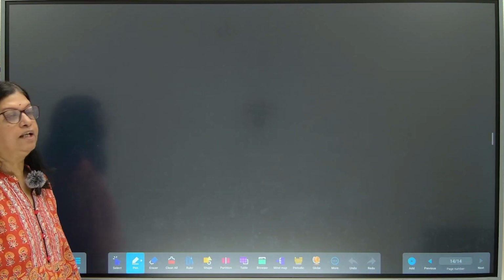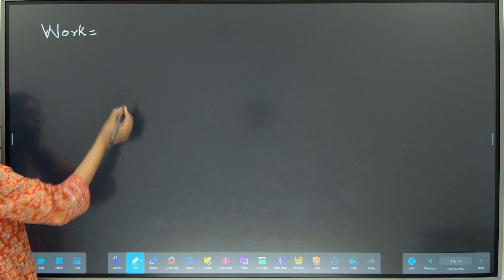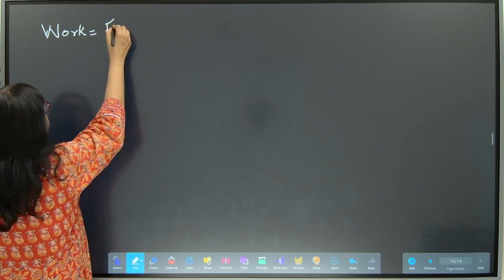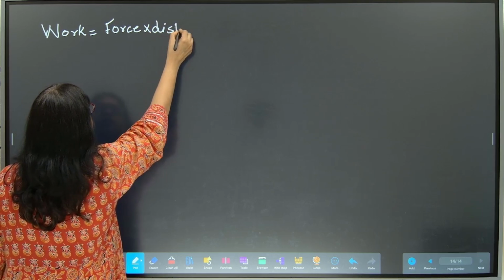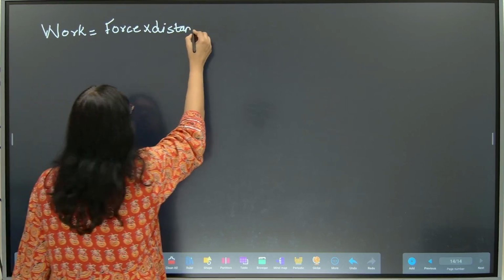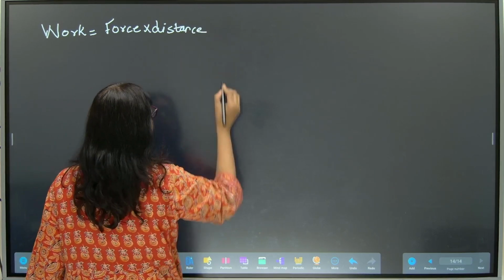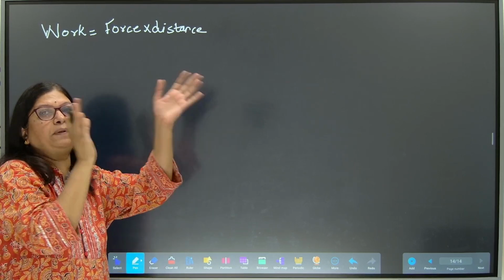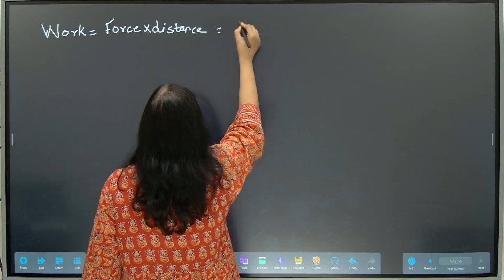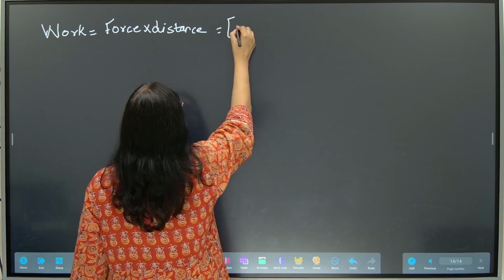Going further, as the space of the board finishes, I continue. After force, we can write work. What is work? Work is force into distance. All these formulas you have learnt already in your classes of 9th and 10th. Same formulas I am writing here. Just now we derived the formula for force. What was it?